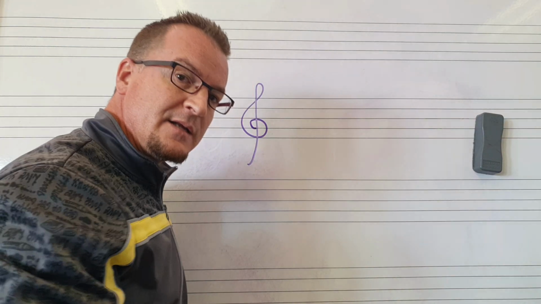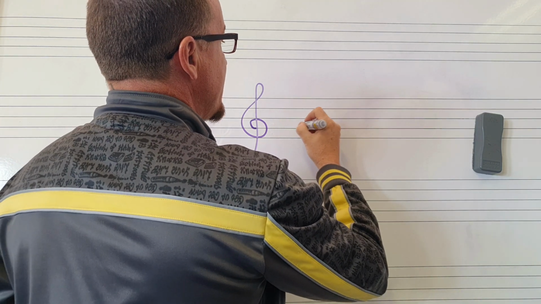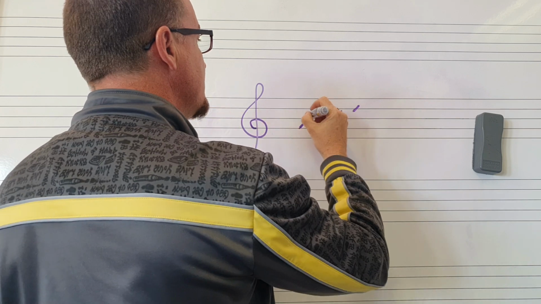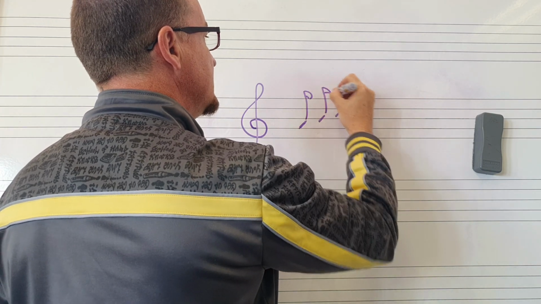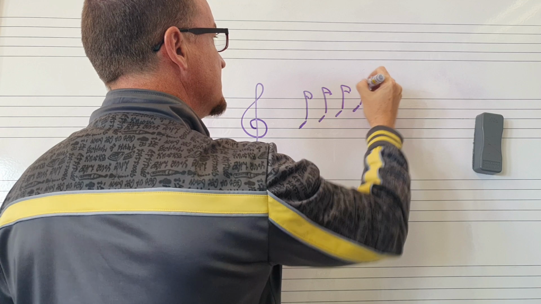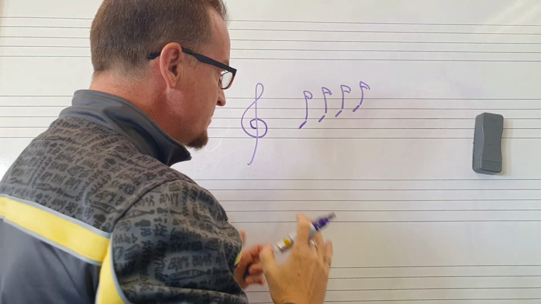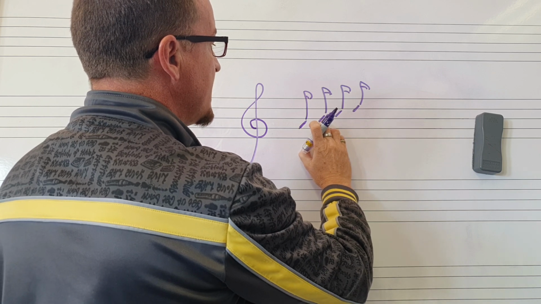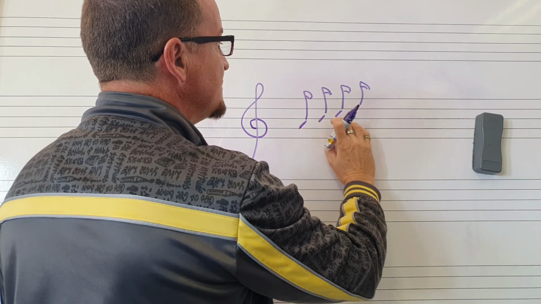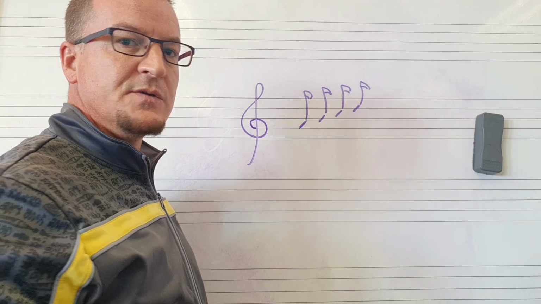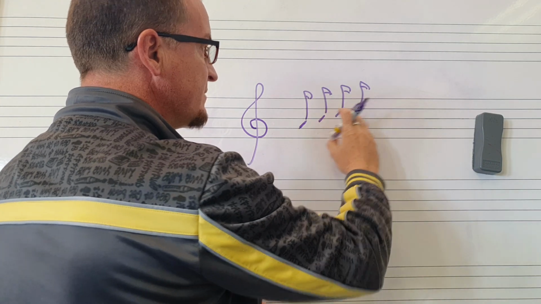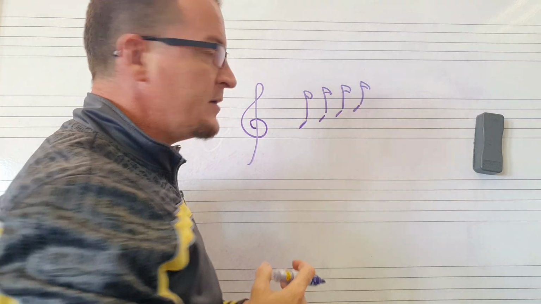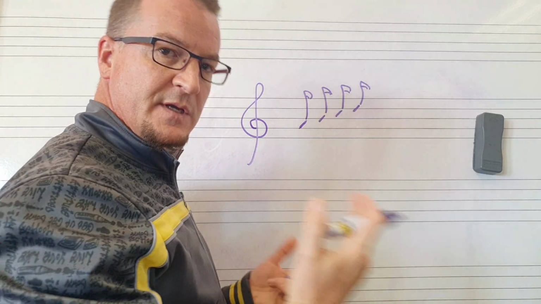In beaming, it can get a little bit complicated because you may end up with something like this, and you may have to beam these semiquavers, the notes with the two flags. But here we see that there's the middle line, note below, and two notes above. What I like to do is say that the majority of the notes are above the middle line, and there's one on the middle line which can go either way.